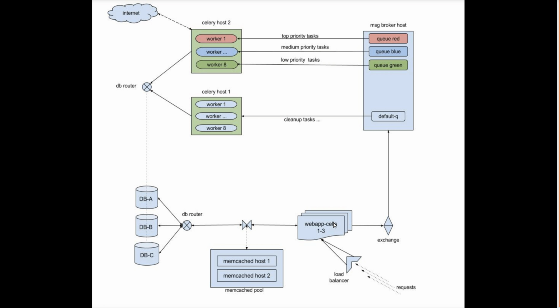So there is one host that is configured to just consume the default queue. The reason being that there are quite a lot of tasks that Celery fires up as part of its own housekeeping. And we have a number of cleanup tasks also. So that's the purpose of that particular host, and it does not touch the message queues for the application.